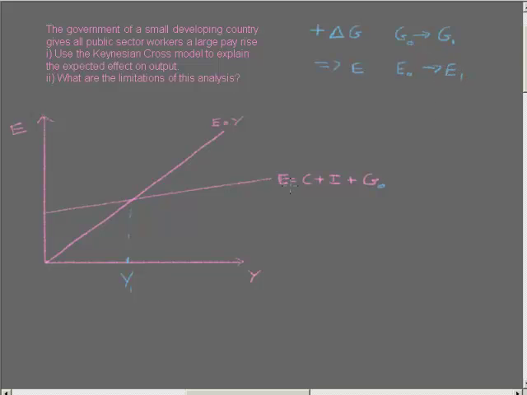So suppose we start at level E0 here, and then if we increase G from G0 to G1, these things stay the same. Then the higher level of expenditure, E1, will be given by the same level of consumption, same level of investment, and an increased level of government expenditure, G1.